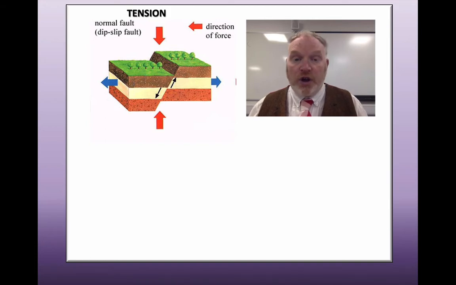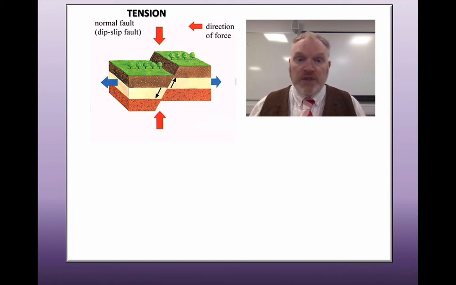There are other consequences of this. This block of rock, for example, gets a little bit longer. Okay, we have crustal extension. There's a vertical movement of the beds, and it creates a type of fault we call a normal fault.